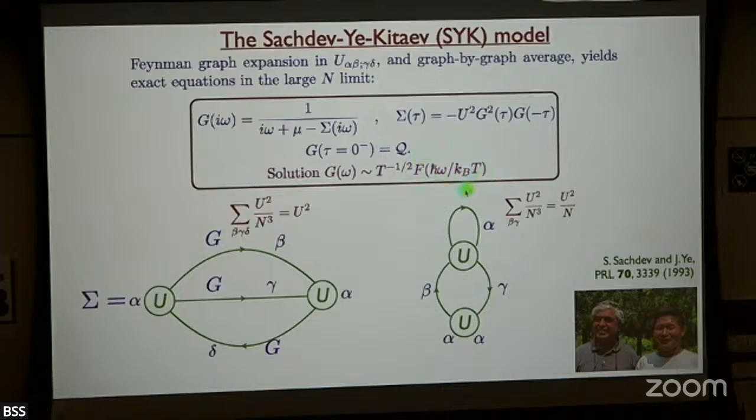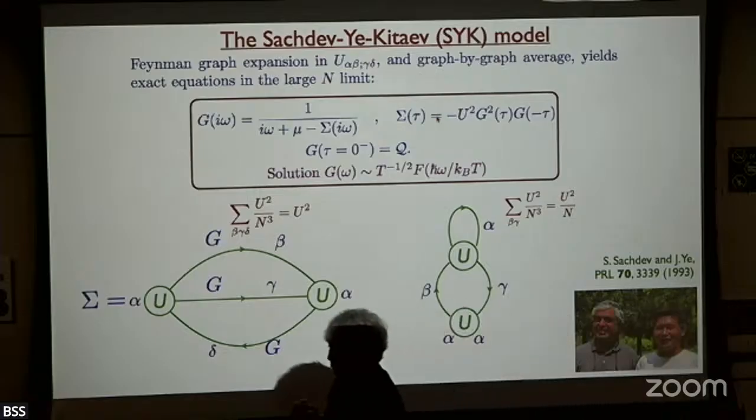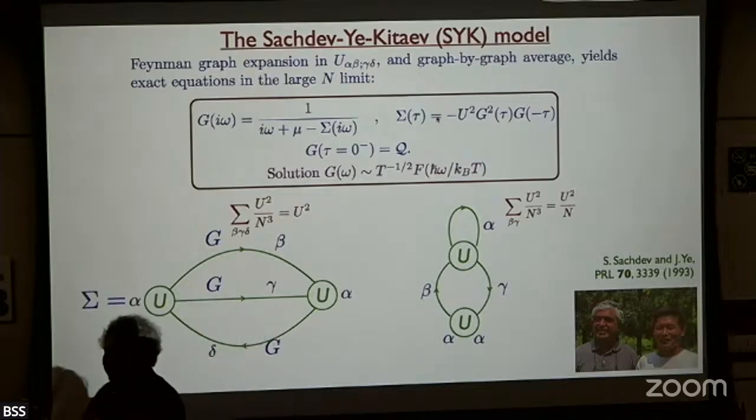And what's remarkable about it is that the natural frequency scale is just determined by the temperature, and it's entirely independent of U. So the only energy scale in the microscopic problem, let's say the density is 1/2, so mu is also fixed to 0, is U. But if you're doing Boltzmann theory, if you're looking at some scattering rate or lifetime of a particle, in Boltzmann theory or by Fermi's golden rule, it's always matrix element squared times some density of states.